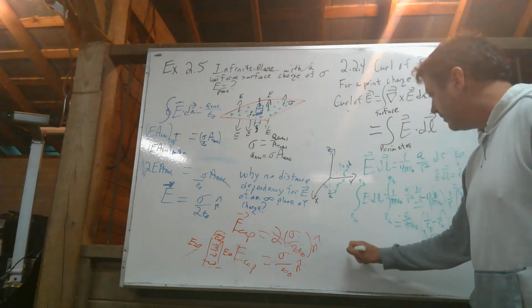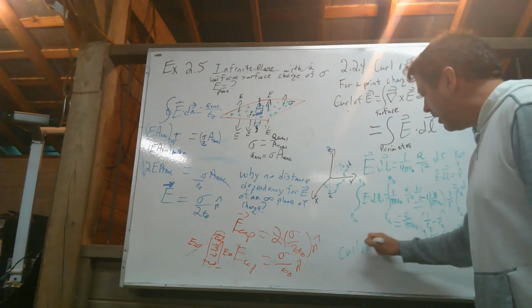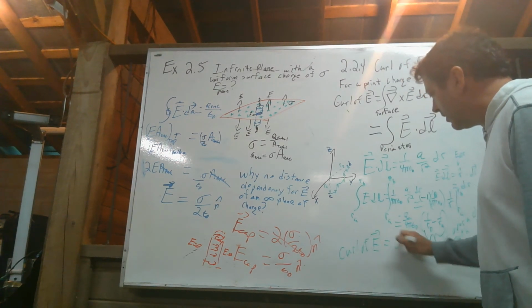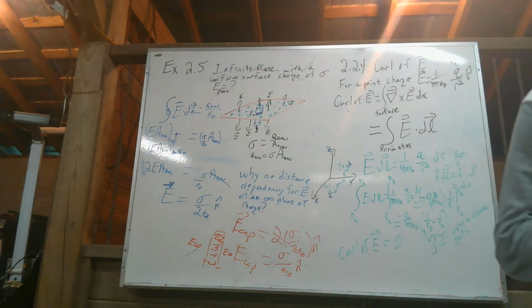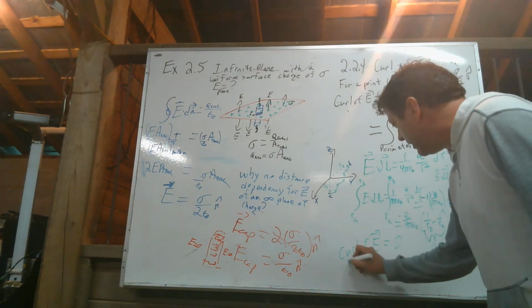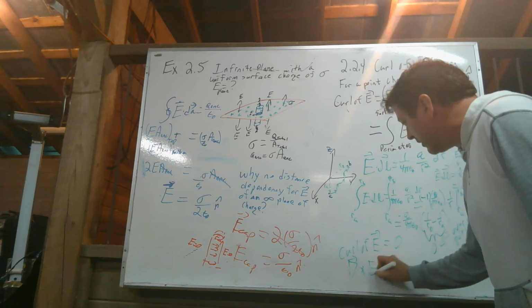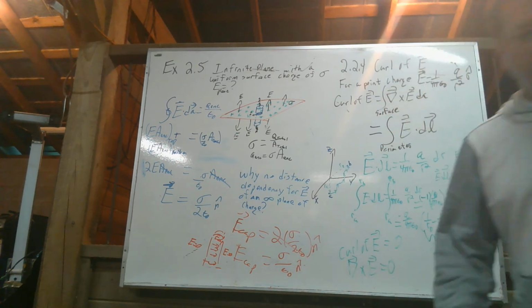So the curl of E equals 0. So what we can say here is del cross E for a point charge is 0.